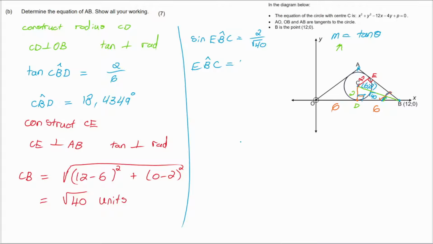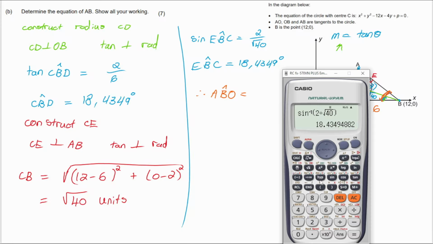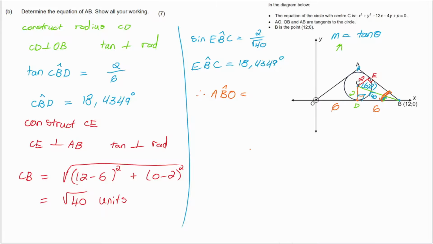But anyways, I get 18,4349 degrees. So now I have this entire angle over here, ABO. Therefore angle ABO is equal to just 2 times this thing over here, so it's 2 times this answer, which is 36,8699 degrees.